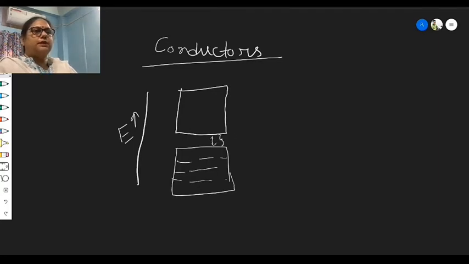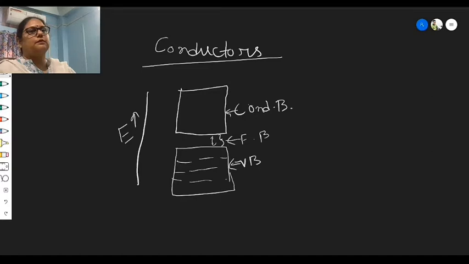Since it is partially filled and the gap is very small, an electron from the valence band, VB, can easily jump to the conduction band, across the forbidden band.